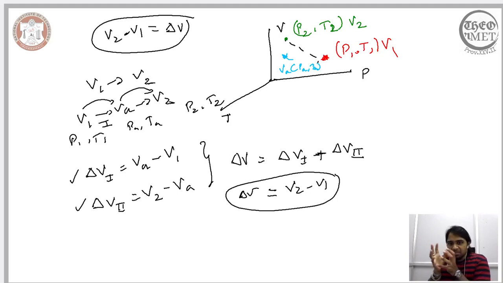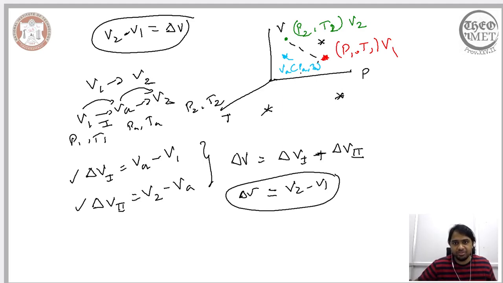Now one understanding that we can gain from such a consideration of adding an additional state between the initial and the final state is that you can add n number of steps in between. We have just considered one. We can add any number of steps. You can add another intermediate system here, another intermediate system here.